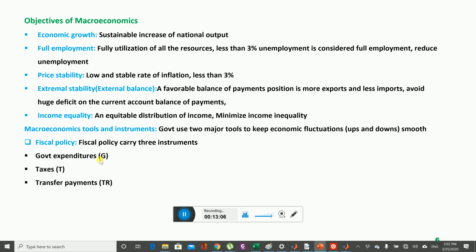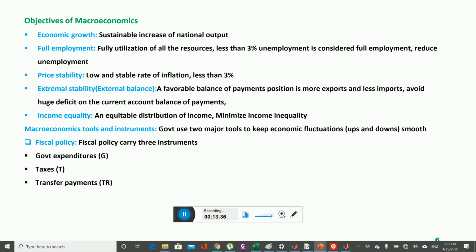If the government wants to increase economic growth, the government has to use government spending: spend $1 billion on the welfare of the public, spend $1 million on the health sector, on defense, on education, industrial sector, transportation sector, communication sector, construction of roads, motorways, universities, colleges, hospitals, parks, industries, ports, airports.